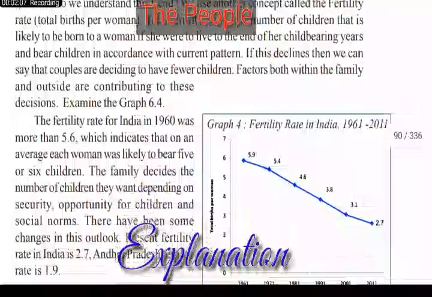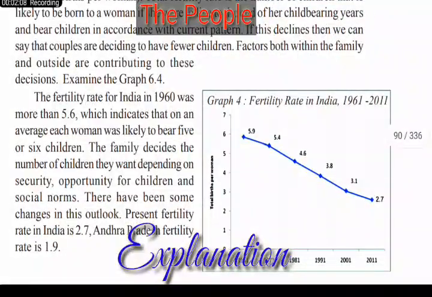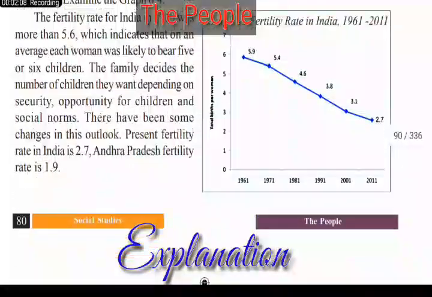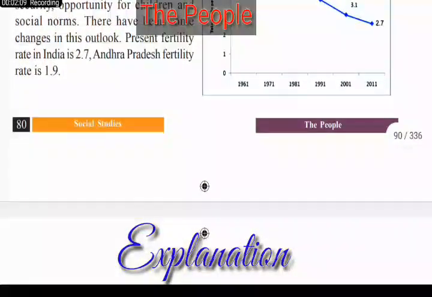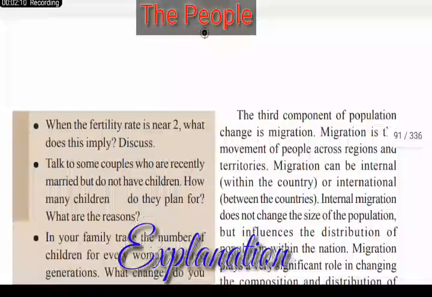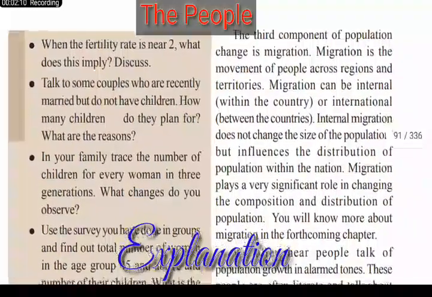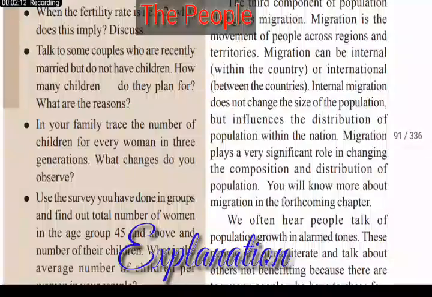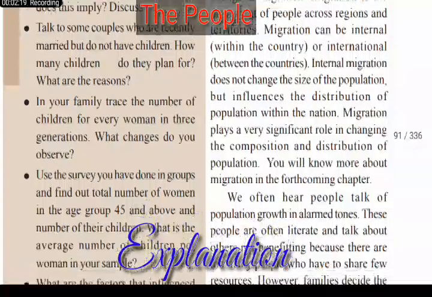Now we see another aspect, that is fertility rate, the total births for a woman. What is that? Here we understand that the births of a woman once were different from now.